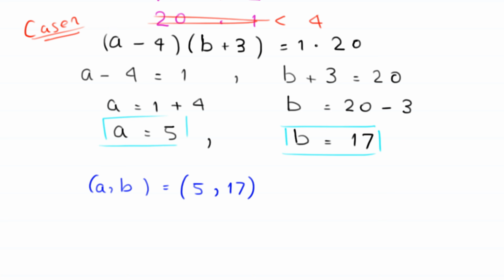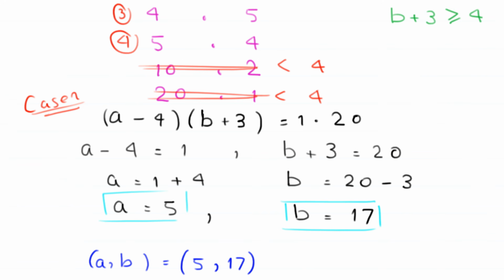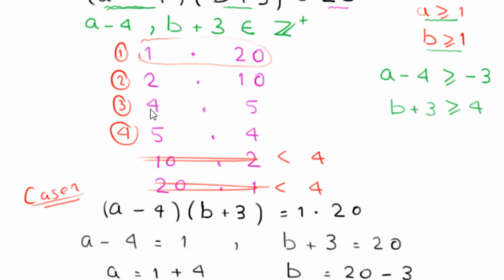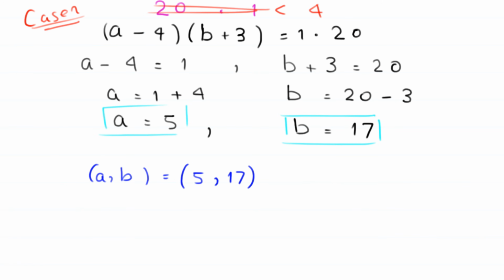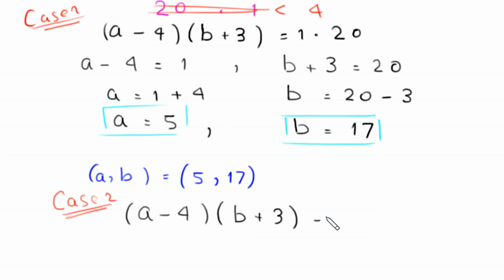Now we solve the second case. In the second case we have 2 times 10. In case number 2, we write this factor (a minus 4) times (b plus 3) equal to 2 times 10.